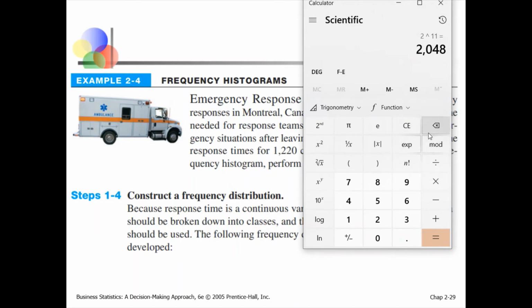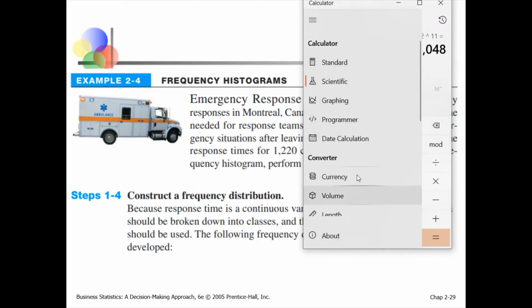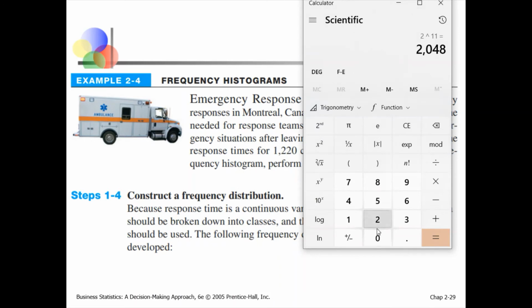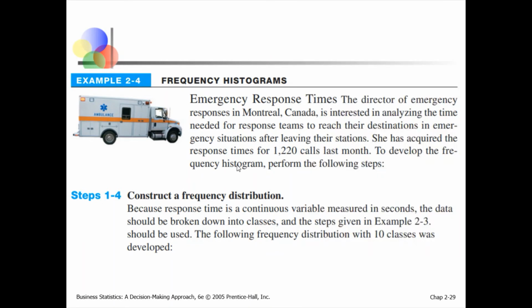So it is 2,048. Earlier, 2 to the 10 was 1,024. Okay. So, you can group it into 11 or into 10. Okay? It's up to you.